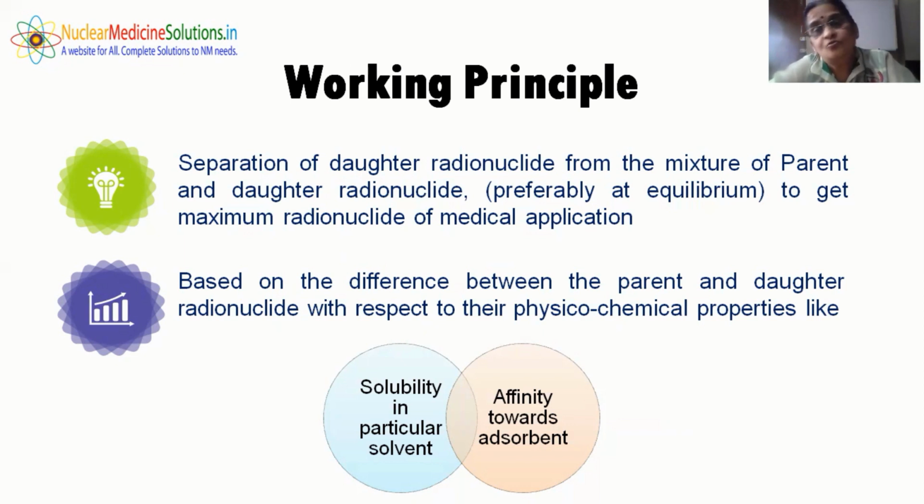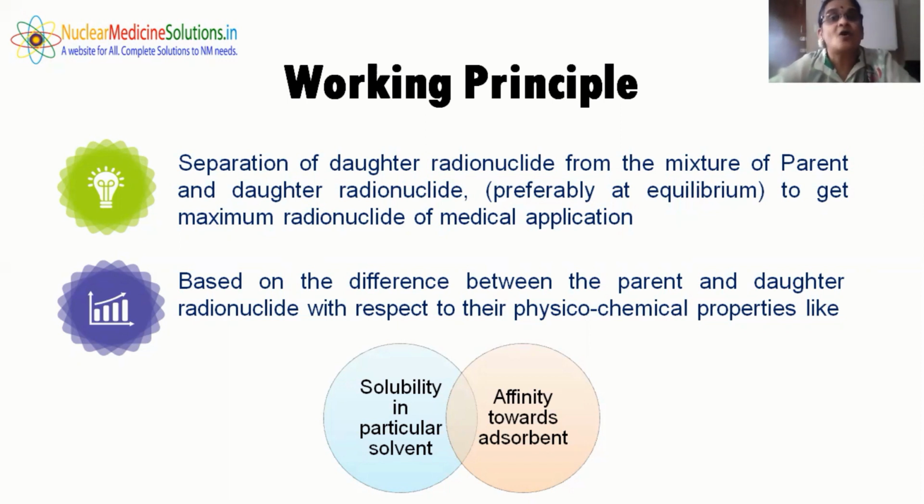Just like any two people are not the same, they have different characteristics. For example, one person is more comfortable in a particular workplace, and the other person may not be so comfortable in the same workplace. Similarly, the daughter radionuclide will want to go and get comfortable in another solvent. That is what it means.